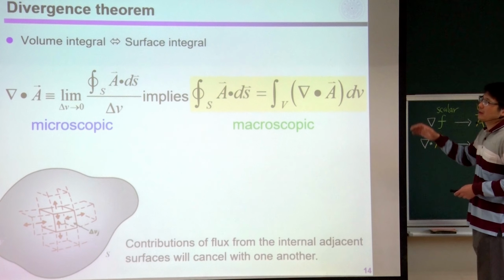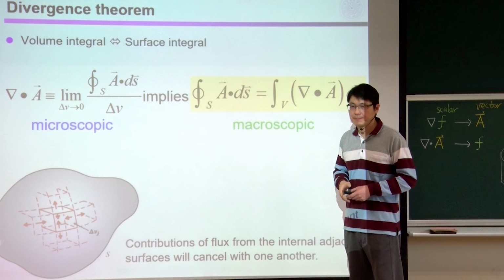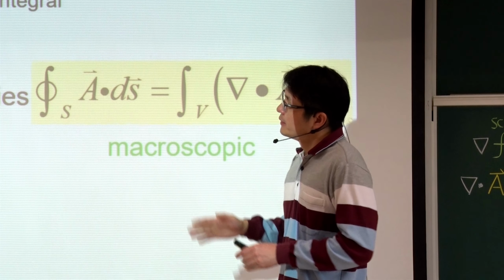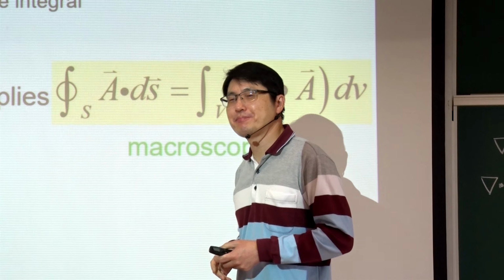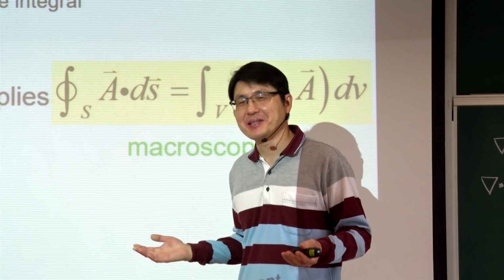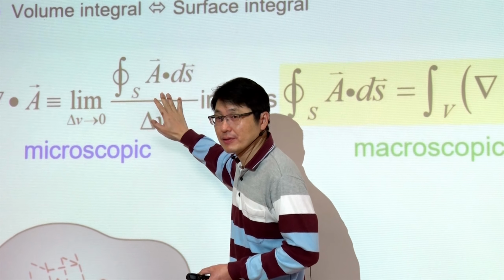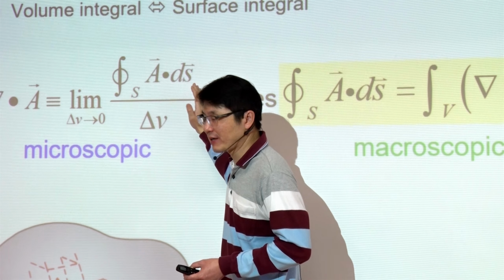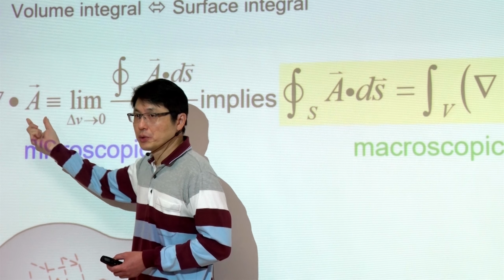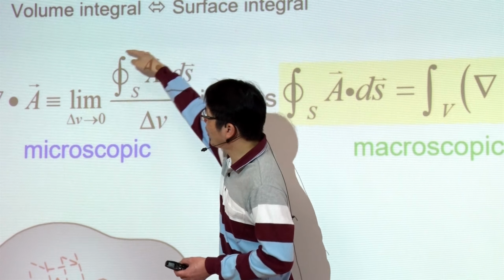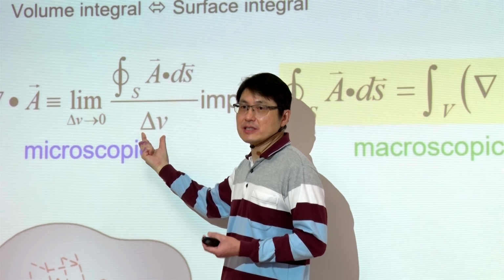All right, so I'm going to close the day with the last slide. Divergence theorem. I bet all of you have heard of it, but what does it mean? This is just divergence, the definition of divergence. You perform the divergence on a vectorial field, and you're trying to evaluate all the outward flux on a given small volume. That's the definition.